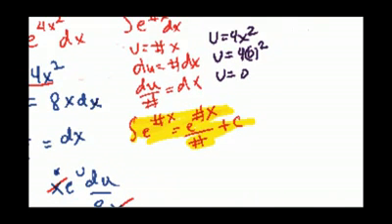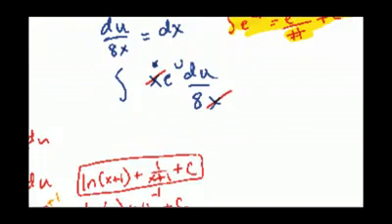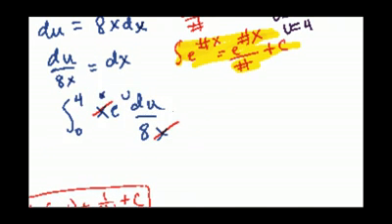But if x equals 1, u equals 4. Okay, so those are the bounds when it comes to u's. So 0 to 4. And the integral of e to the u, so this is the problem that we have now, which is much more doable than the first one.